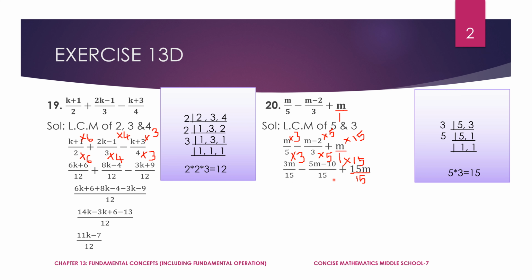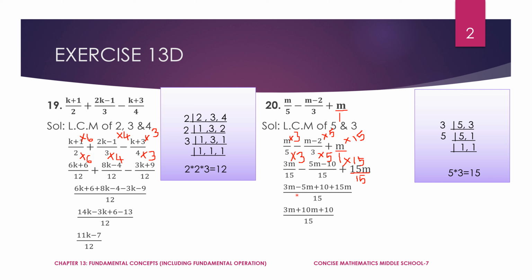Now the denominators are equal, so you can just write all the numerators together. 3m, and when you have a minus sign, don't forget to multiply it inside with 5m as well as with minus 10. So it becomes minus 5m, minus into minus plus 10, right? Plus 15m. Now just do the subtraction or addition as needed.